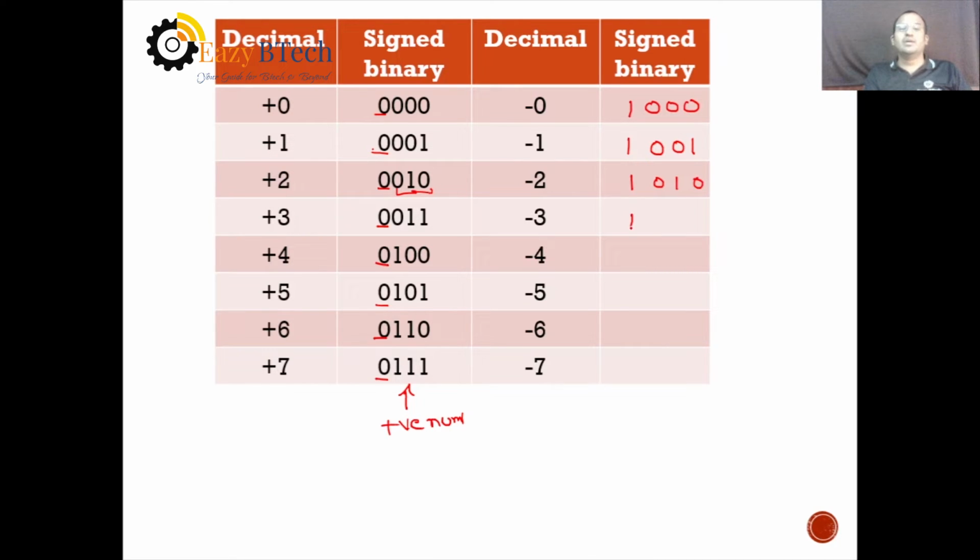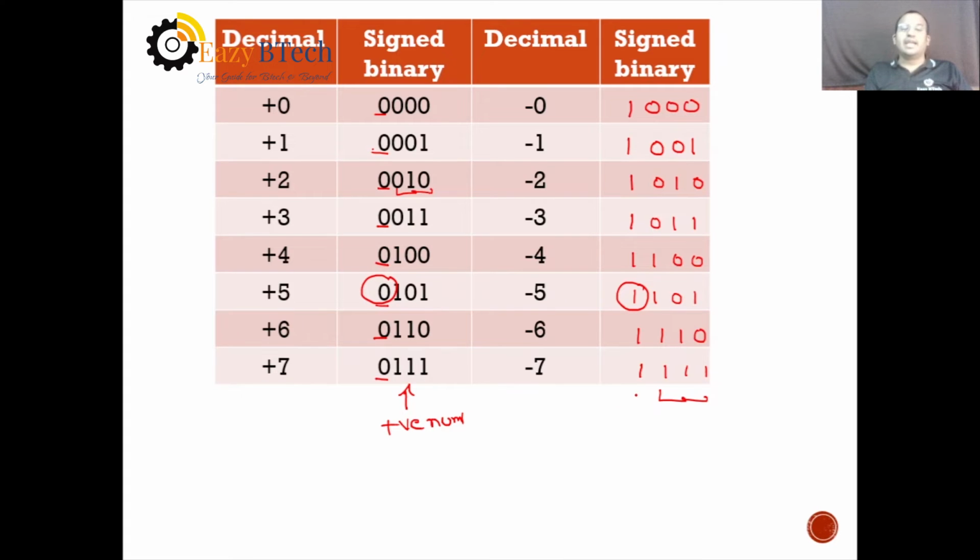Minus 3 is 1011. Minus 4 is 1100. Minus 5 is 1101. Minus 6 is 1110. Minus 7 is 1111. So the magnitude of any number you take is the same, but for a negative number we have the MSB as 1, whereas for a positive number we have the MSB as 0.